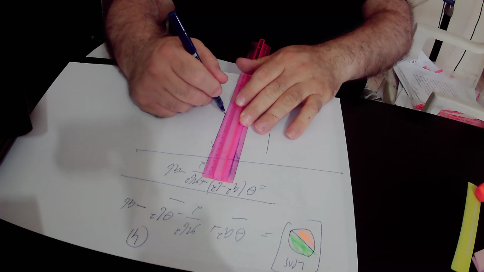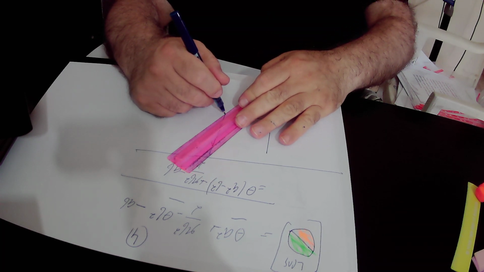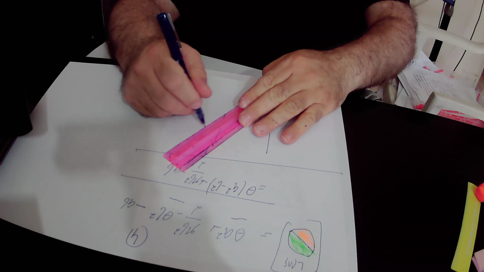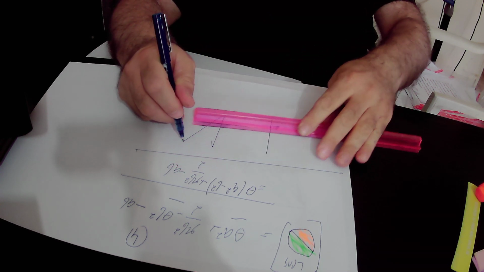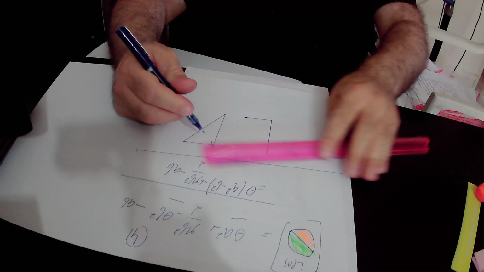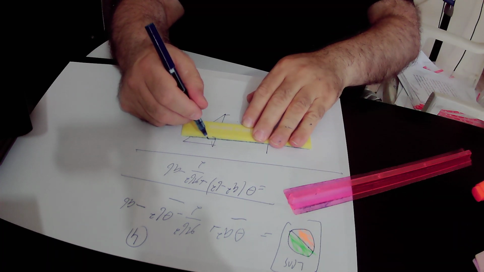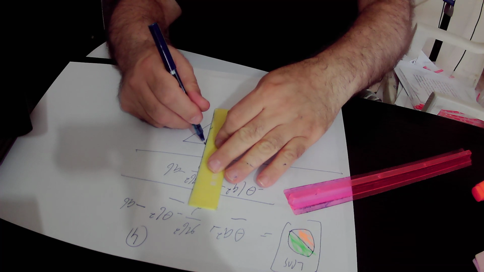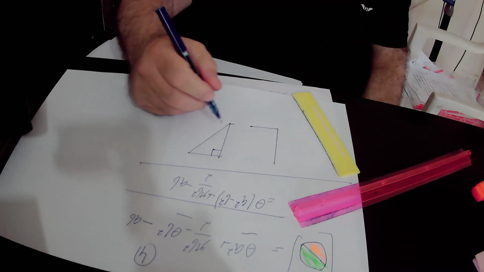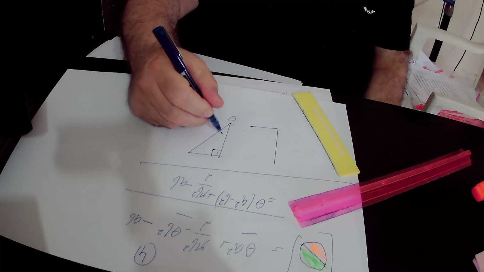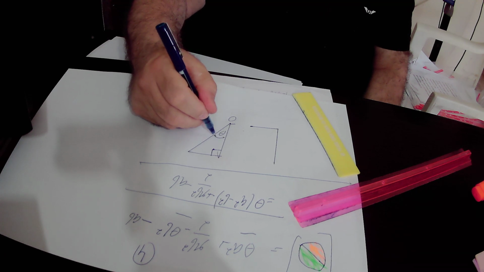So this is right triangle MON. This angle equals 90 degrees. This angle equals theta.